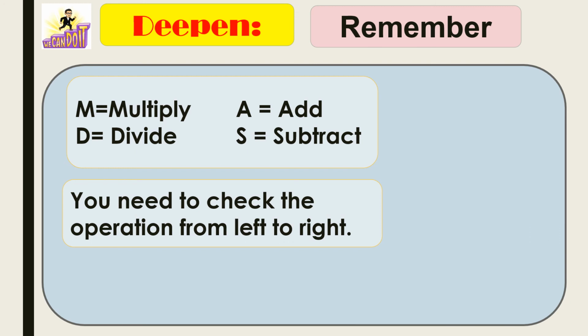Another reminder: if divide comes before multiply, you must perform divide first. But if add comes before divide, you must divide first, before you add. So, that is the big difference between MD and AS.